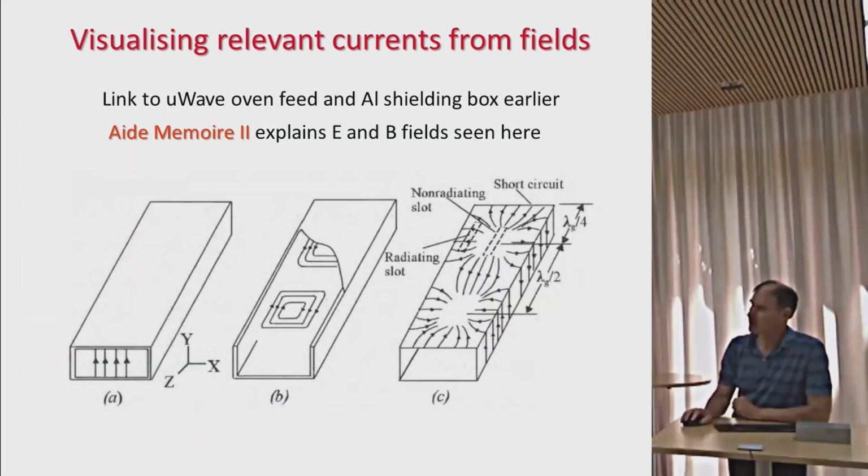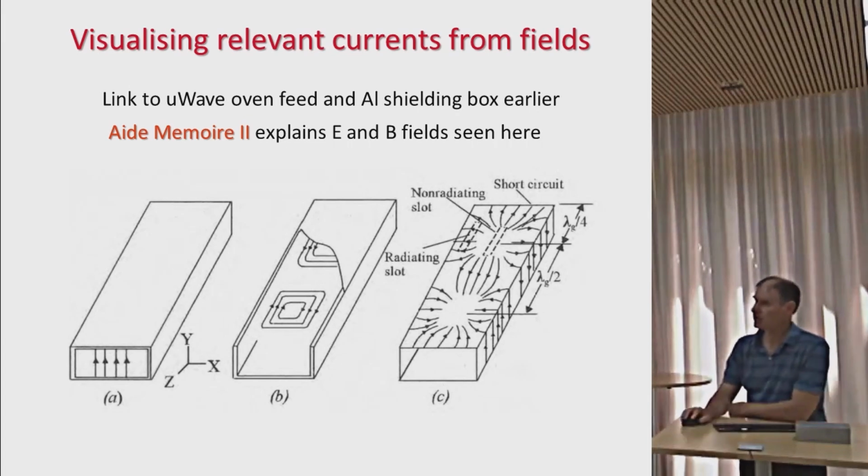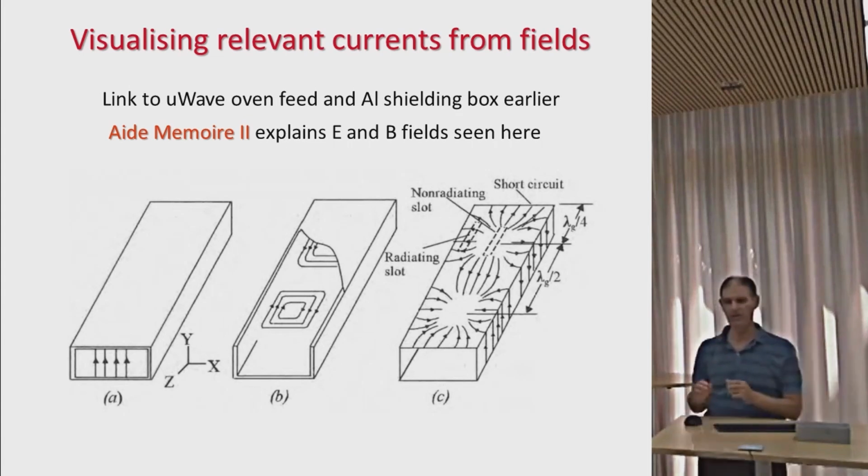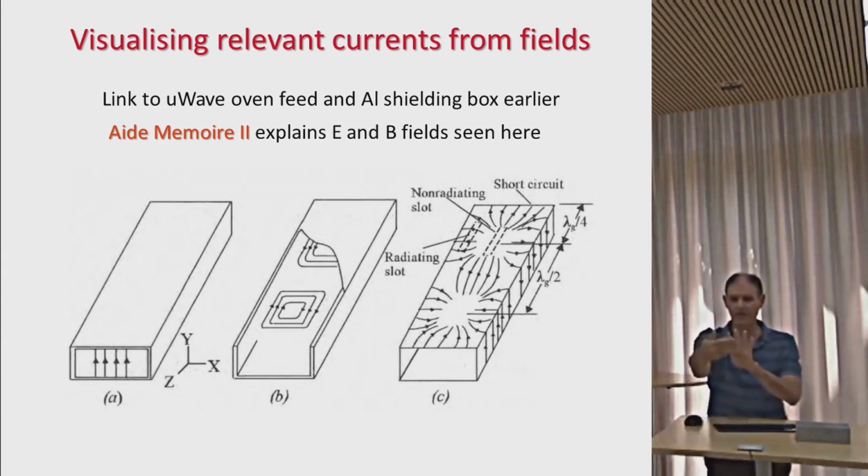Now in this particular picture here, you will see that there's a little waveguide in the microwave oven. There's a magnetron, which you generally can't see. That magnetron puts energy into the microwave oven. And if you visualize that waveguide as something which contains electric fields, using Maxwell's equations, the electric fields cause magnetic fields, which cause electric fields, which cause magnetic fields, and it propagates the energy into the oven.